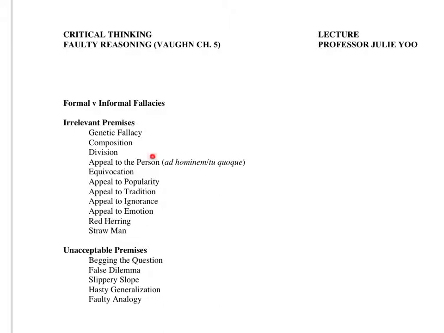What you see here are all instances of informal fallacies, and this is one of the very few times I'm going to ask you to memorize terms, but I think you'll appreciate knowing the terms for the fallacies, because if you know them by their terms, it's a lot easier to identify when you actually hear somebody committing it, or when you read a text and you see somebody committing it in writing.